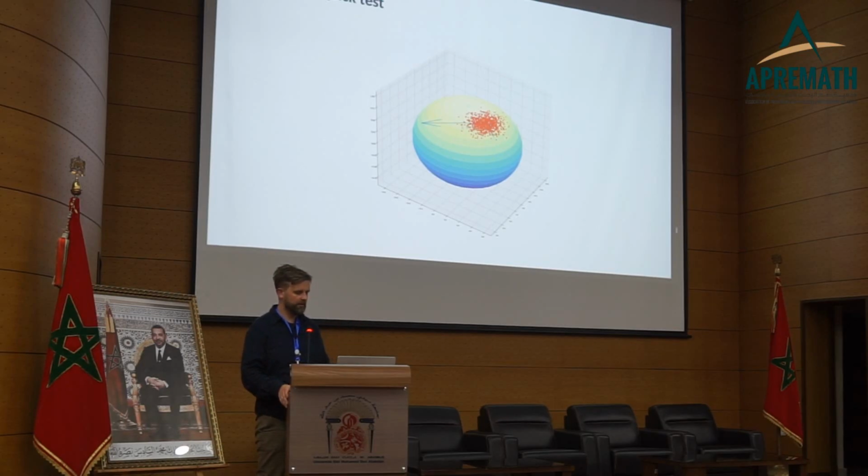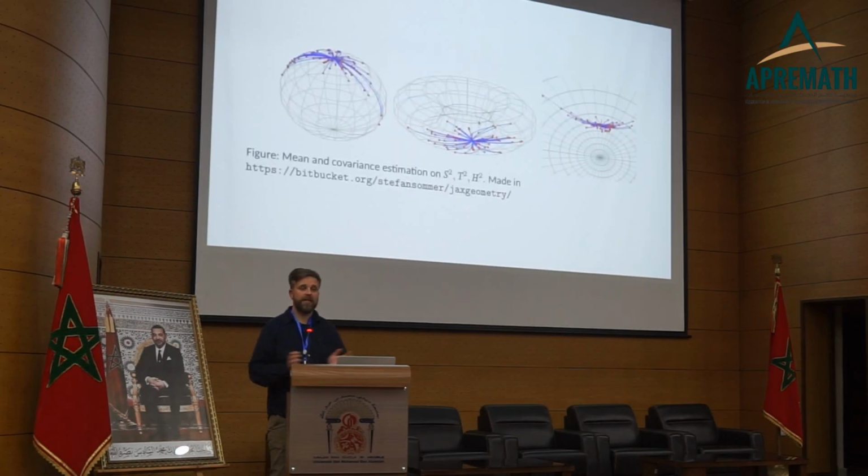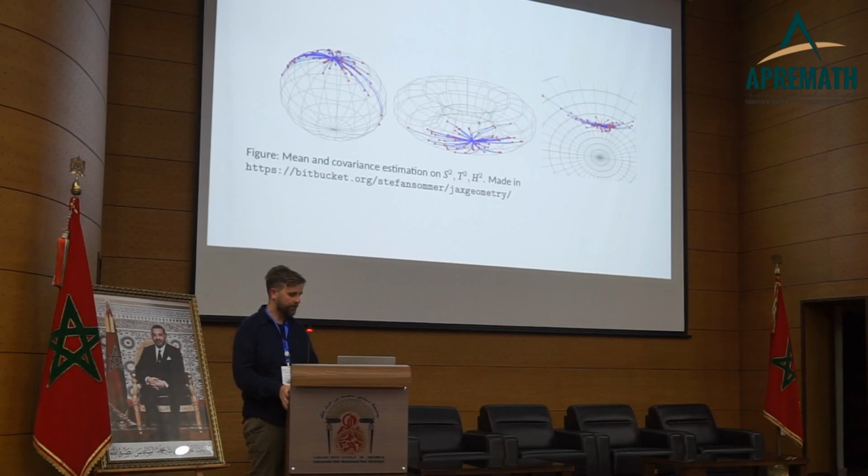So here the largest eigenvalue is given by the largest arrow, and then the smaller eigenvalue in this direction, and the base point is then the mean. I scaled it a little bit so you can actually see the errors, because they should be a bit smaller. Here are some tests that you can find at this address for Stefan Sommer. You can check out this webpage.